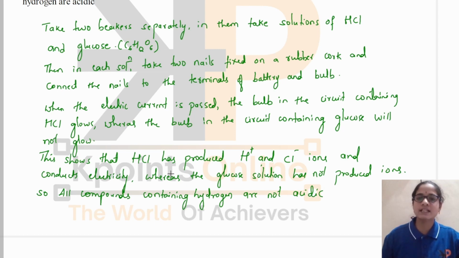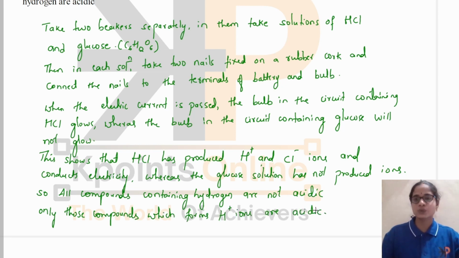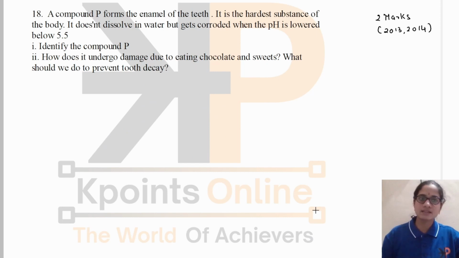This shows that HCl has produced H plus and Cl minus ions and conducts electricity, whereas the glucose solution has not produced ions, so all compounds containing hydrogen are not acidic. Only those compounds which form H plus ions are acidic. Understood?